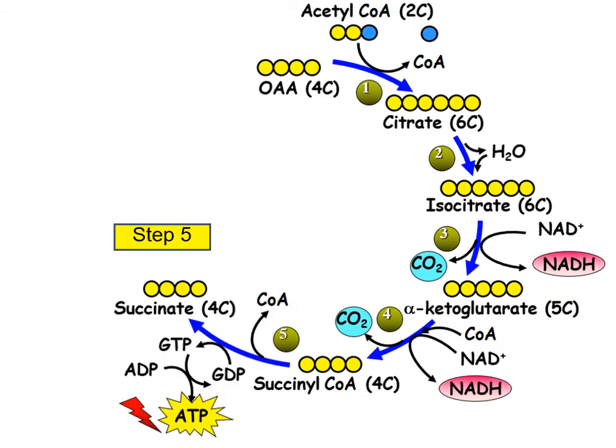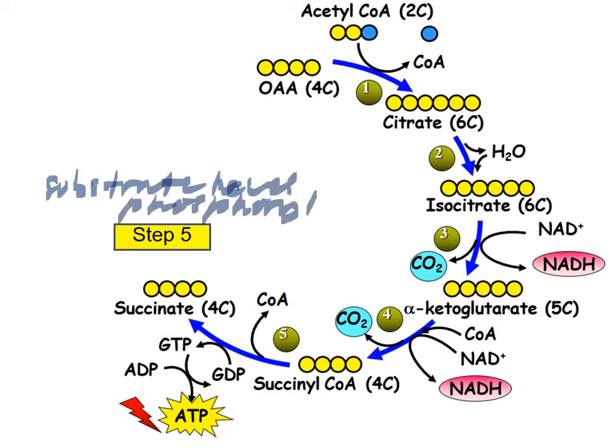Okay, so now step yang kelima, step 5, berlakunya proses substrate level phosphorylation, di mana tadi succinyl coenzyme A ini adalah molekul yang bertenaga tinggi. So the high energy bond between the coenzyme A and succinyl is cleaved, energy is released.